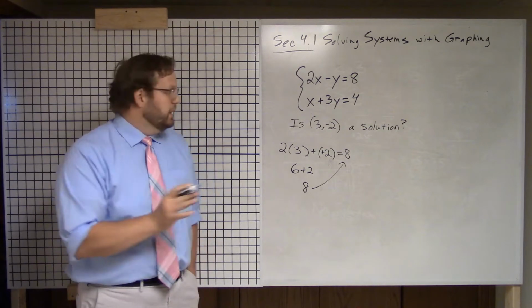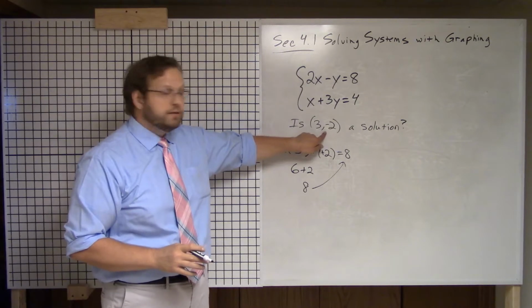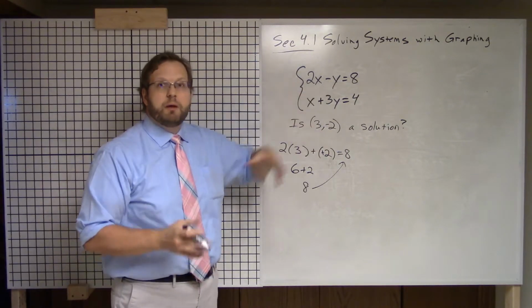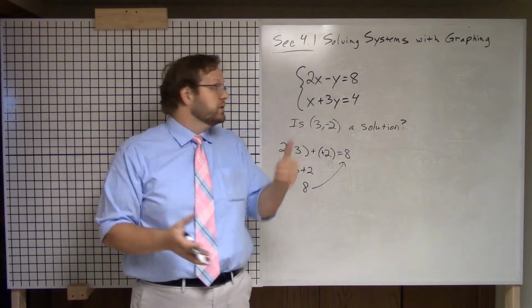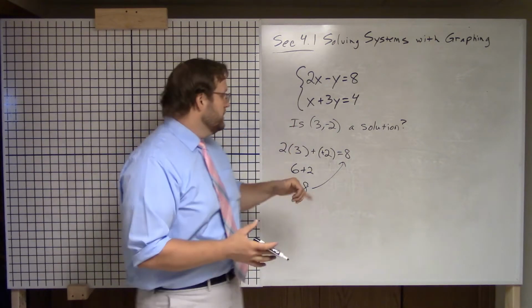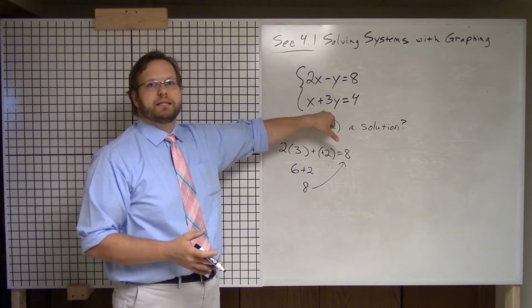Not yet. We know that it works for the first one. This is a point on this line. Remember, all a line is when we graph it is a picture of all the answers to that equation. So we know that this point falls on this line. Does it also fall on this line?